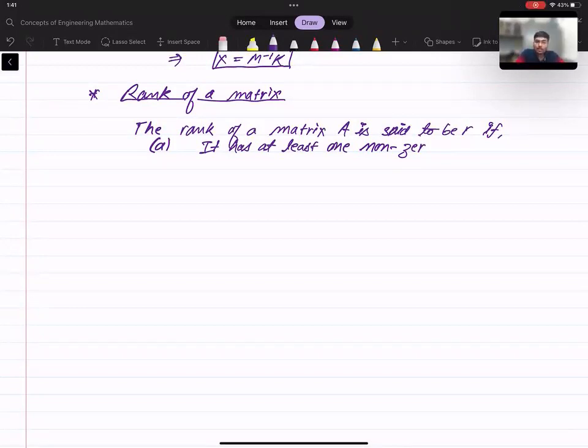rank will be the order of the minor which is of highest order and it is non-zero. Okay. So it has at least one non-zero minor of order R. Let me explain this in another way. Say suppose we have a matrix of order 5 by 4, and now from this matrix we are trying to make minors.